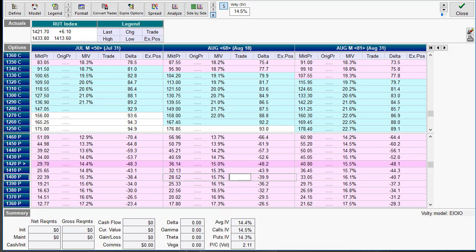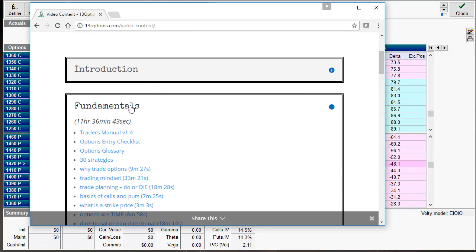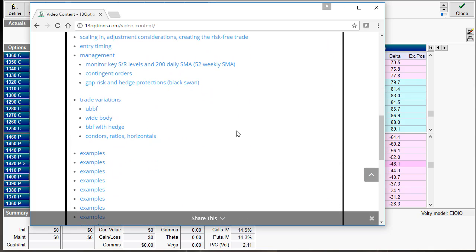But as far as being one of the core monthly trades that we're really trying to expose you to, it's not one of the monthly trades that we're going to be putting on month in, month out, like the unbalanced butterflies, the wide body butterfly or condor, or the butterfly with a hedge.